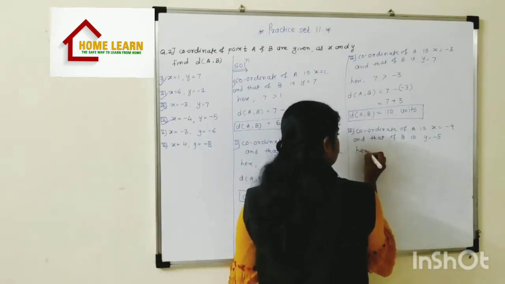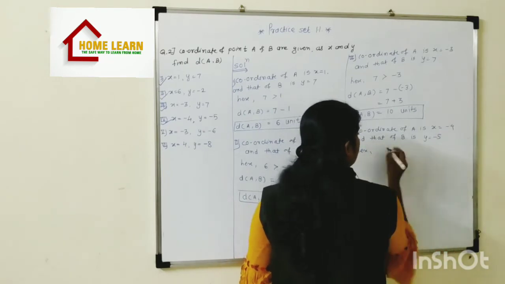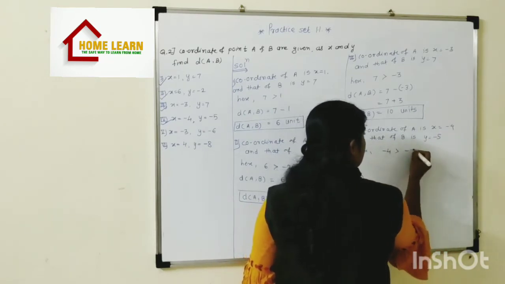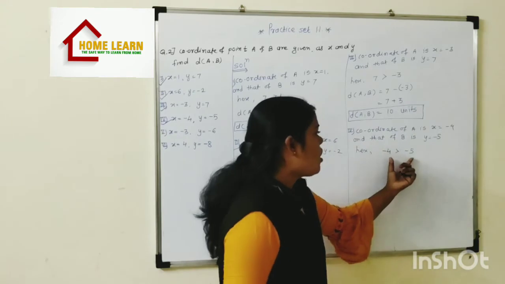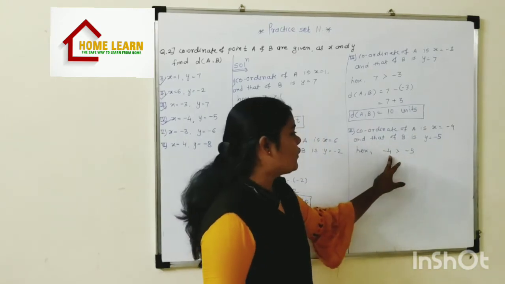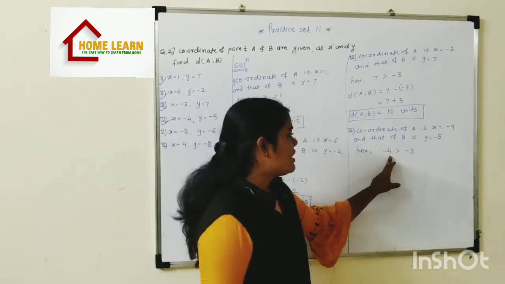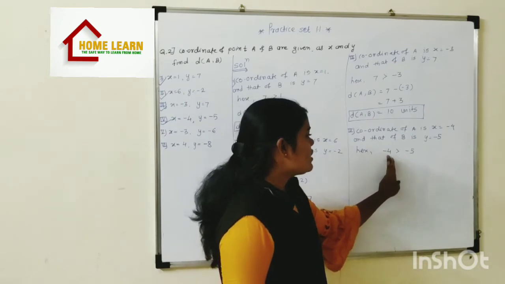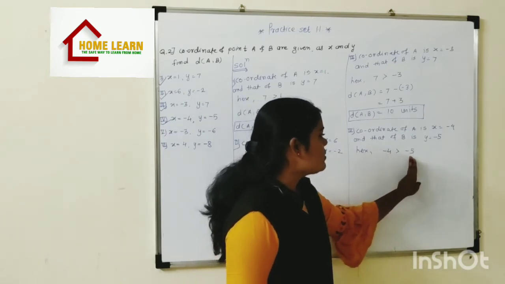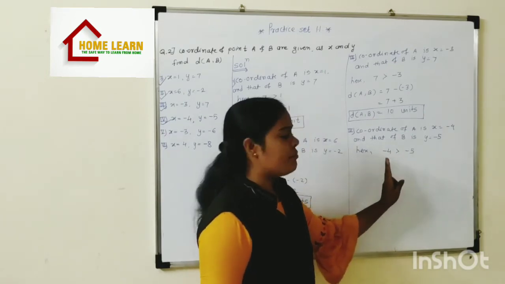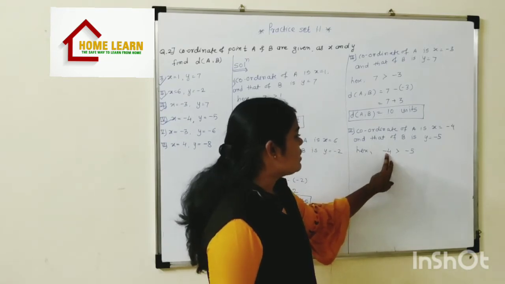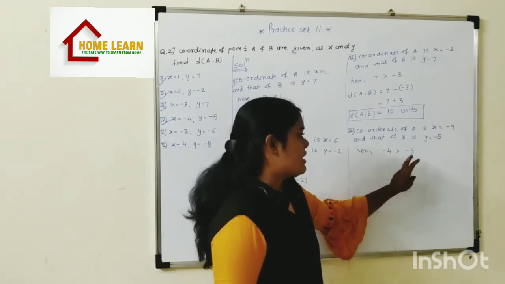Here minus 4 is greater than minus 5. We know that on a number line minus 4 is on the right-hand side and minus 5 is on the left-hand side. That's why minus 4 is greater than minus 5.